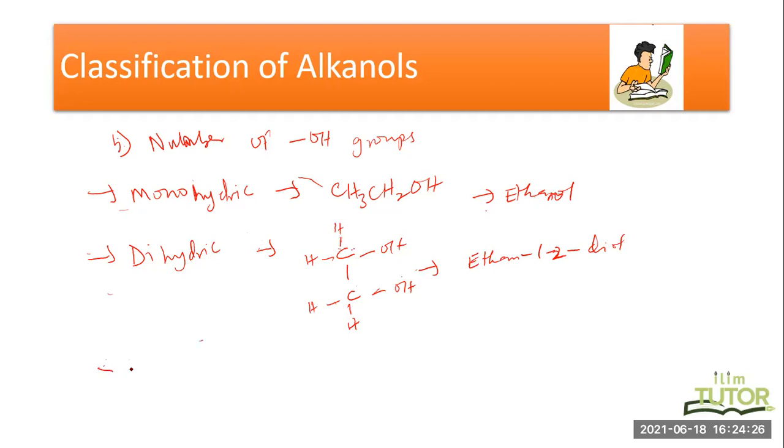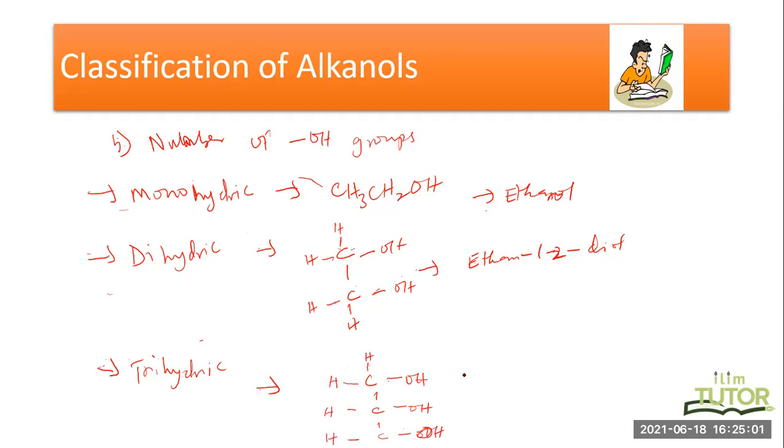Then we could also have the last one, which is trihydric. In this case, we are saying that there are three OH groups. So I also have another OH group, because you have your hydrogen, your hydrogen, and your hydrogen.